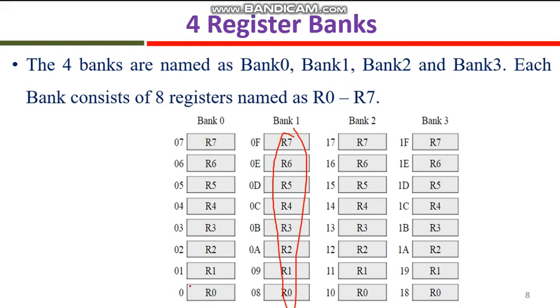Bank 0 has addresses 00, 01, 02 up to 07. After 07, bank 1 starts from 08 to 0F. After that, bank 2 starts from 10 to 17, and then after 17, bank 3 starts from address 18H up to 1FH. So in this way, the first 4 banks are in the RAM.